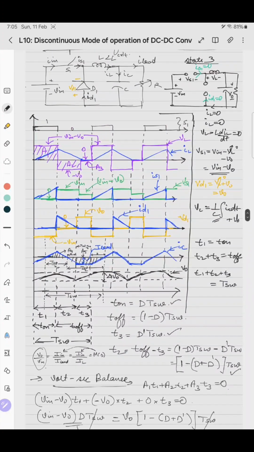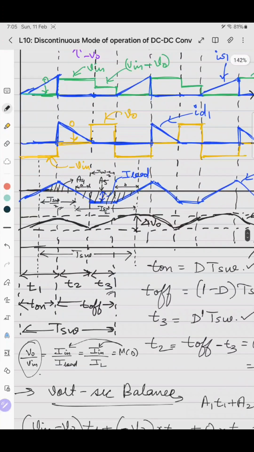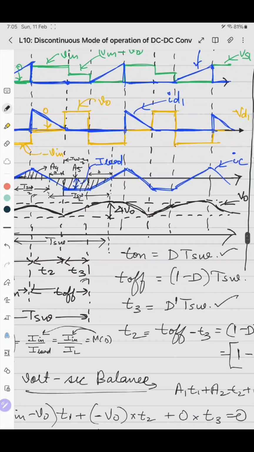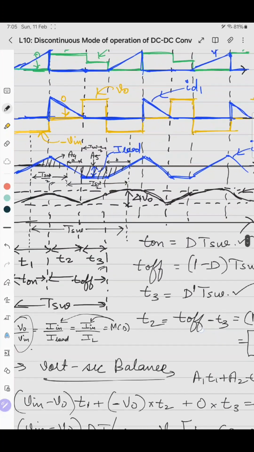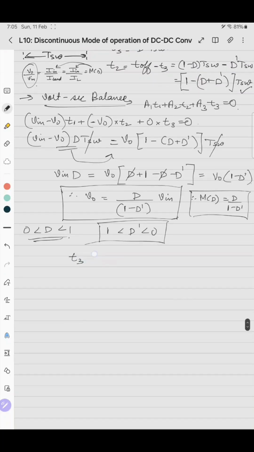because this portion here given by T3, the maximum value of it can be whole of T off and the minimum value can be 0. So T3 should be 0, and T off is 1 minus D into T switching. So I can write it in this way. T3 lies between what? 0 to T off.